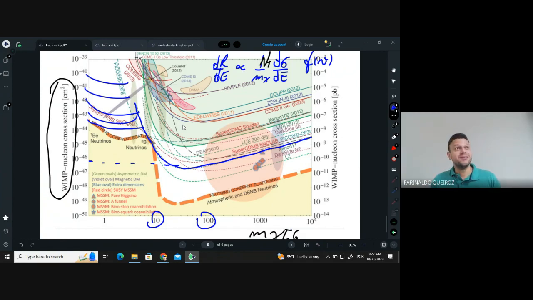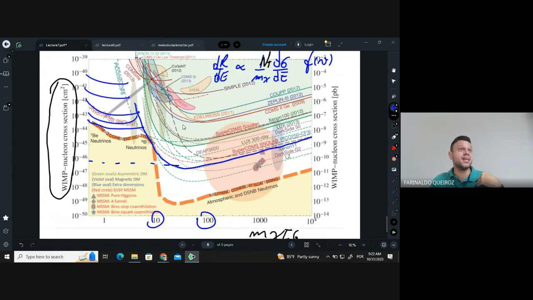You can't know unless you knew in which direction that flux of particles was coming from. But that's not easy. They are neutral particles, they do not interact strongly, so it's tricky to measure where that particle was coming from. Why? Because the flux of neutrinos from the sun, I know in which direction it's coming.